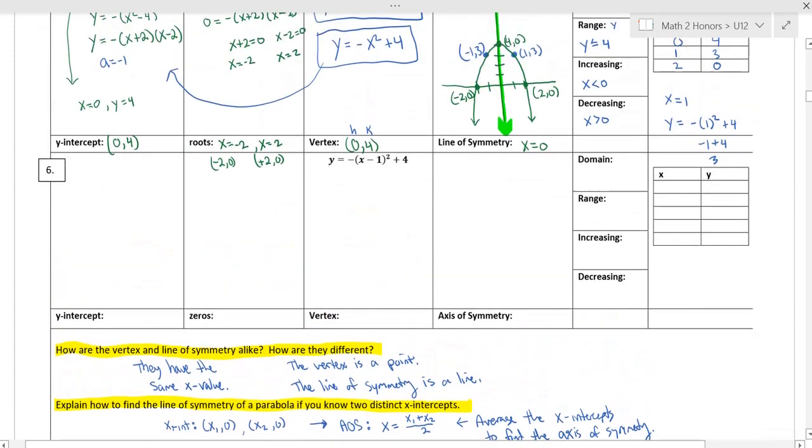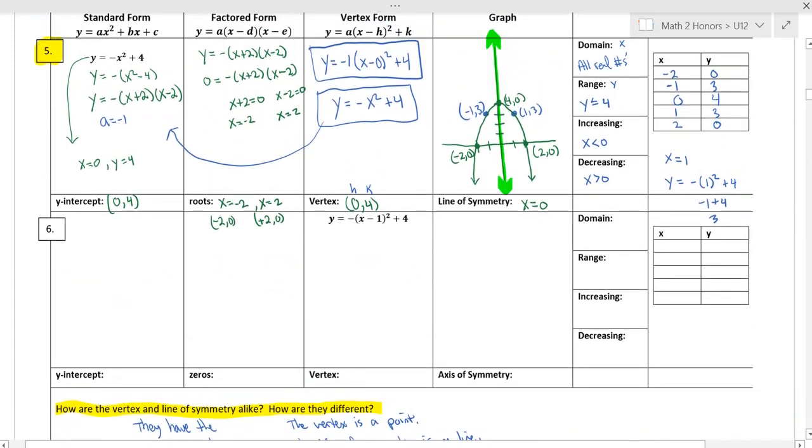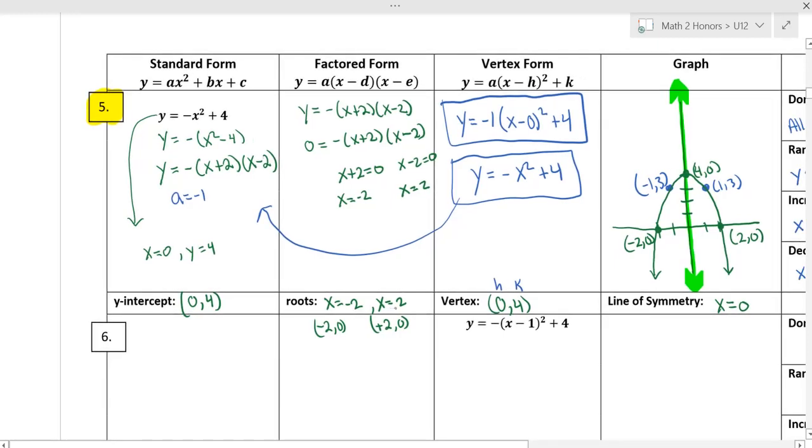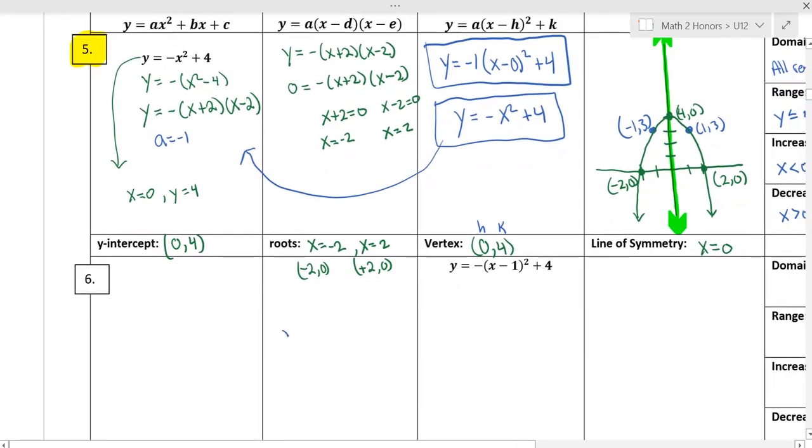Let's go look back here. So on number 5, my roots were -2 and 2. And so if I said, okay, my root is x equals -2 and my root is 2, and I tell you that a, in that case, number 5, a was -1. So factored form would be y equals, but a, and then x minus -2 and x minus 2.